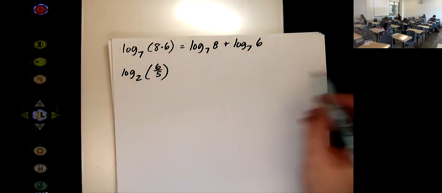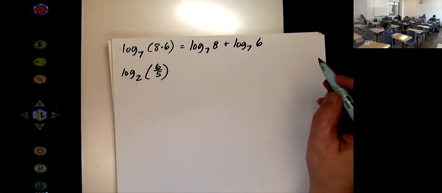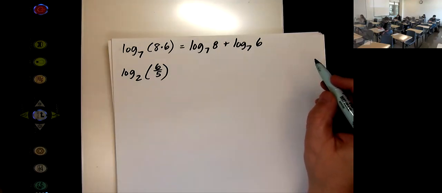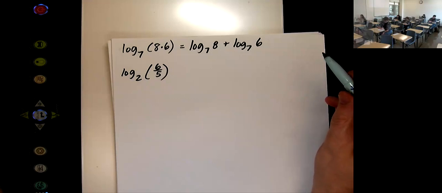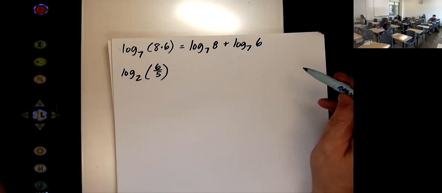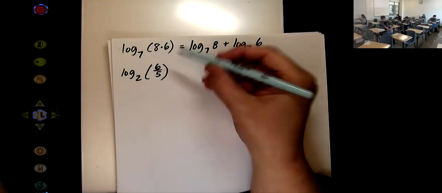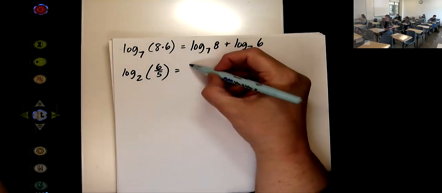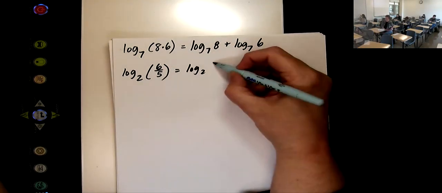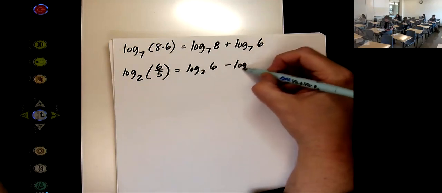Log base 2 of 6 over 5: division turns into subtraction. Log base 2 of 6 minus log base 2 of 5.